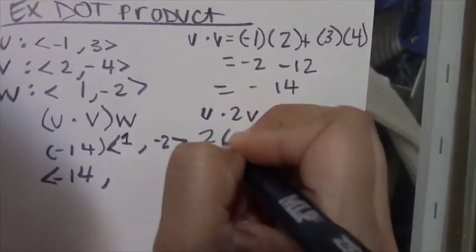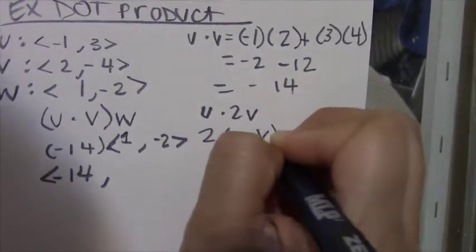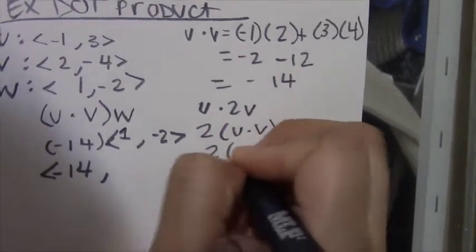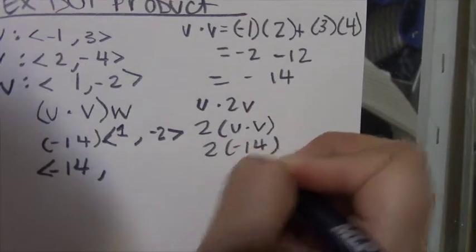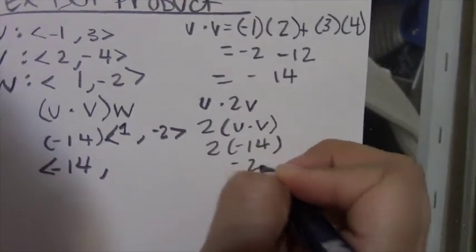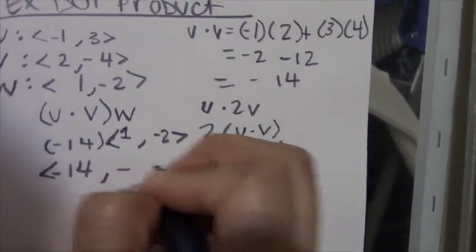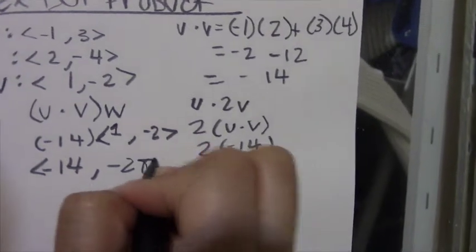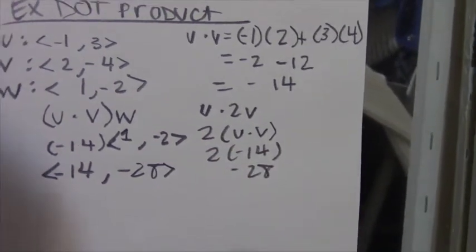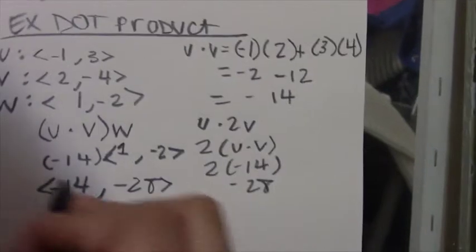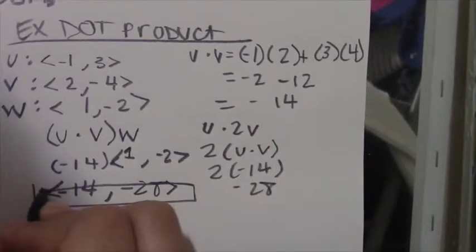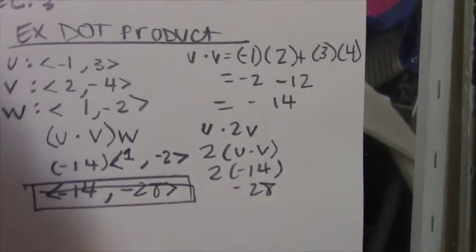So 2 times UV, which will equal 2 times negative 14, which equals negative 28. And that gives us the next number. And we have our dot property right here.